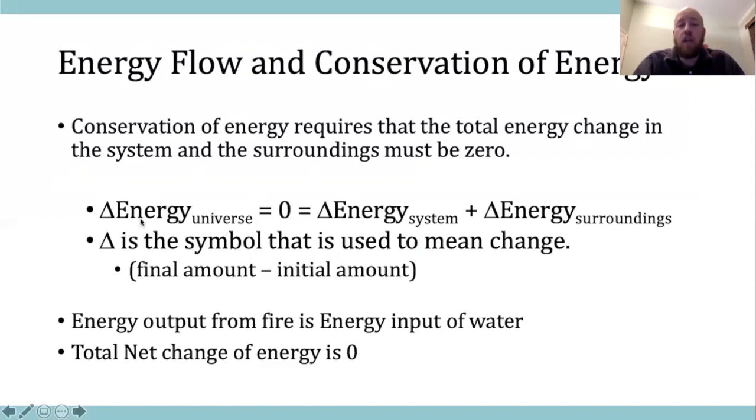Okay, there is no change. There is no change in the energy of the universe. So that means that the change in energy of a system plus the change in energy of the surroundings equals 0. Okay, so this means, or it should be obvious, that if my system is producing heat or producing energy, there has to be somewhere where the surroundings are gaining that energy.